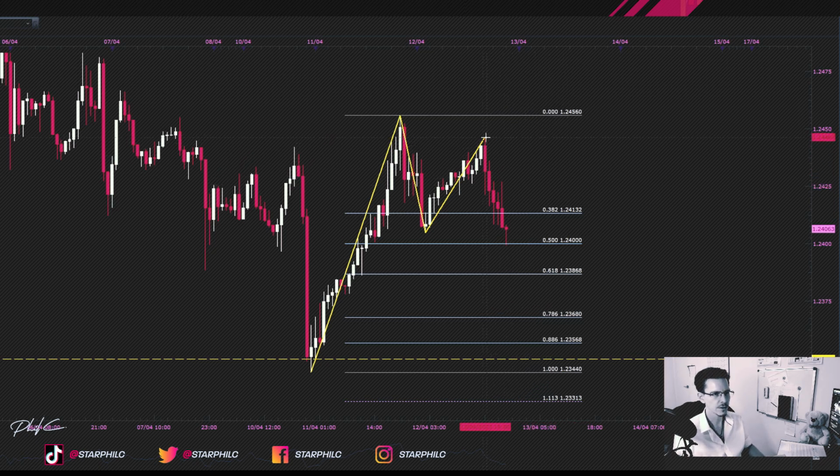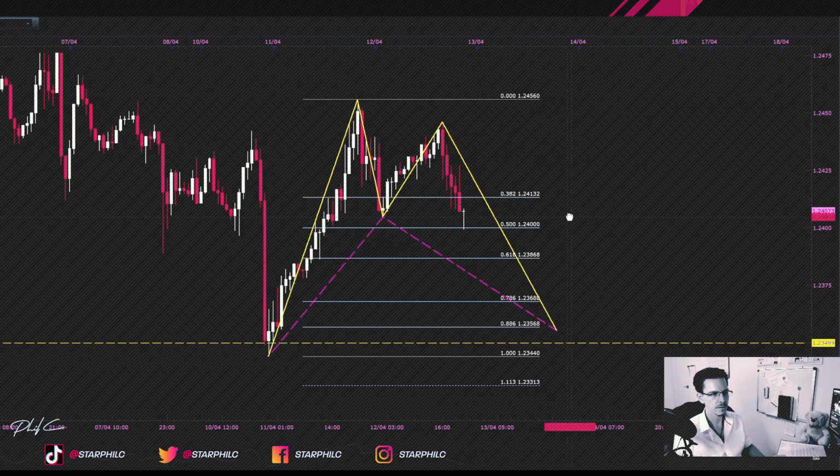And the last criteria that we wait for is price action to come all the way down into an 886 right there. We use the if-then syntax with all of our trading.